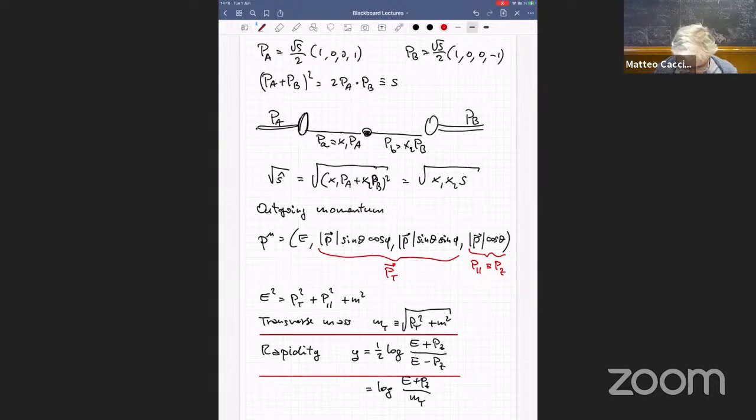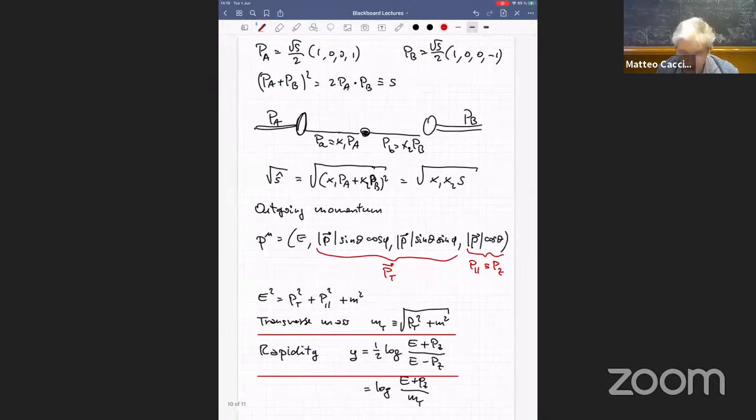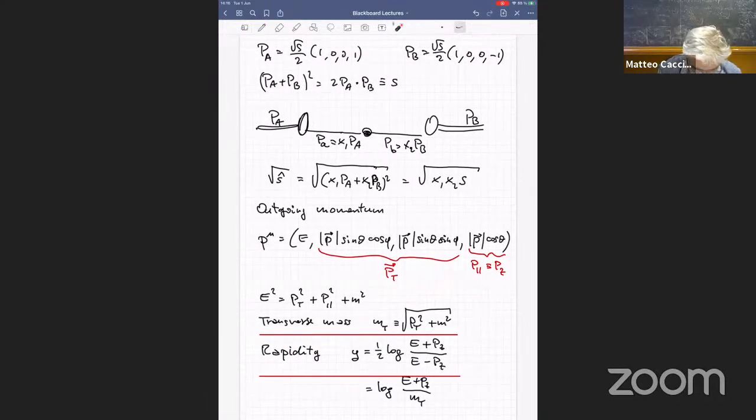Now, you can use rapidity, and we'll see why it's useful, to rewrite the expression that we have here for the momentum. We can rewrite it using rapidity in the following way.